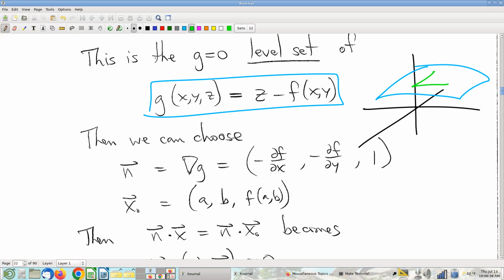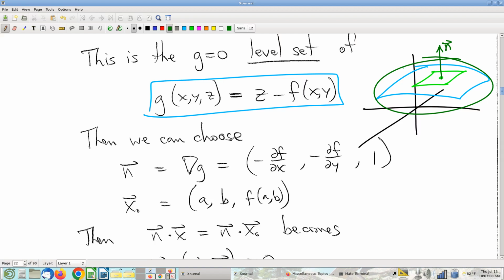The tangent plane is going to be something like this. The tangent plane is characterized by a vector perpendicular to that plane, and I make a simple geometric argument that if my normal vector needs to be perpendicular to the tangent plane, then the normal vector also needs to be perpendicular to the level set, because the tangent plane and the level set are parallel.